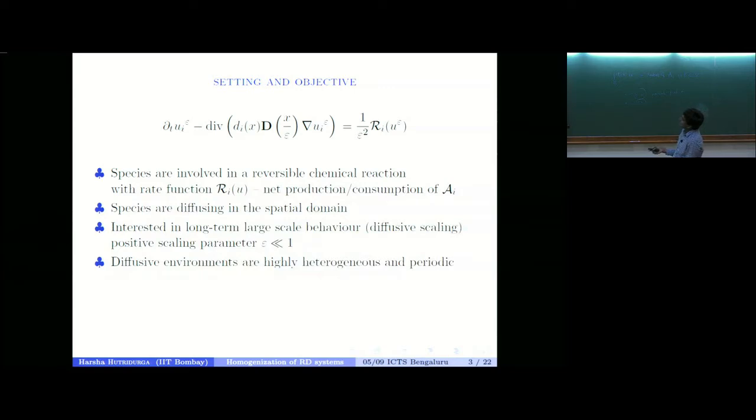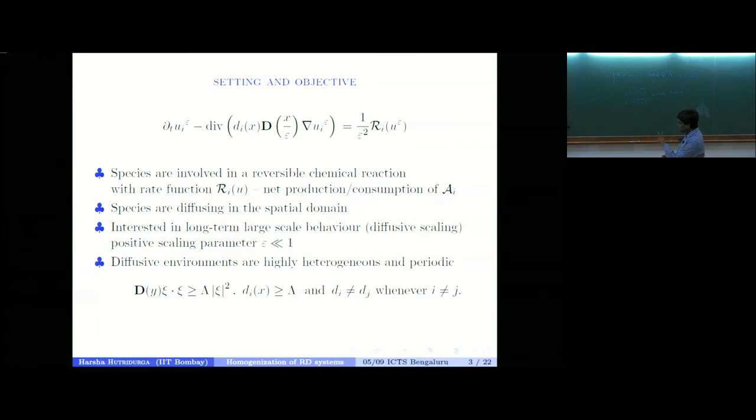Now, the usual assumptions on this matrix D. This is matrix valued, and this being a homogenization conference, it's going to oscillate. And you are going to assume the usual ellipticity assumption, and it's bounded. And these little DIs are functions which are not the same for everybody.